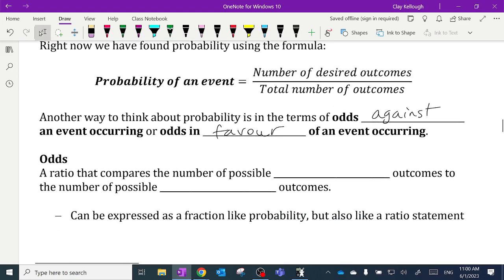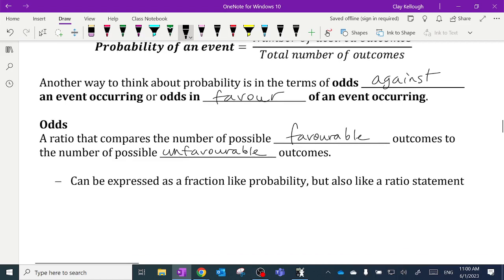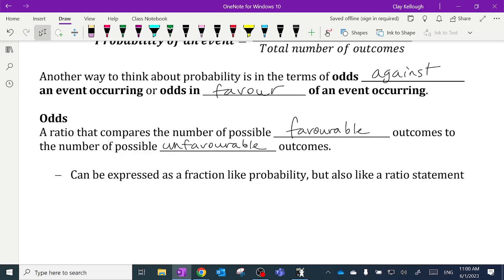Odds is a ratio that compares the number of possible favorable outcomes to the number of possible unfavorable outcomes. Favorable to unfavorable. You can express it like a fraction.